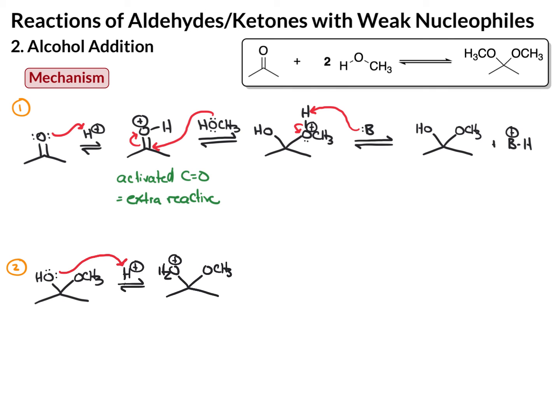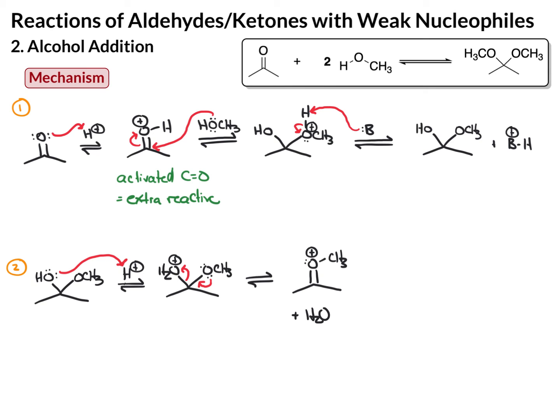So what I'm going to do is use a lone pair on this methoxy oxygen. I'll push that down, which will assist me in pushing away the water as a leaving group. So now I end up with a double bond to the OCH3 and a positive charge, plus the water that I lost.